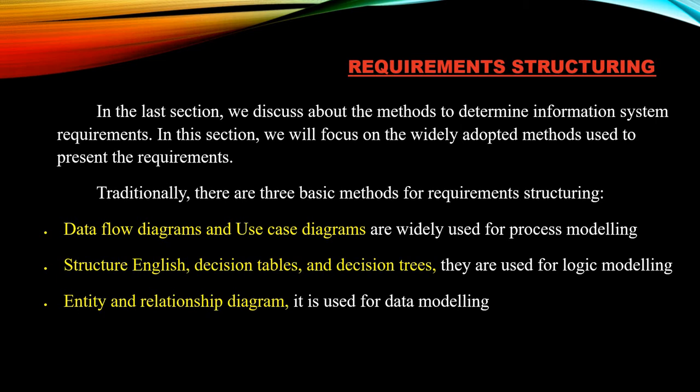Secondly, we have the logical modeling, which includes structured English, decision tables, and decision trees, and the data modeling, which comprises the entity and relationship diagram, which is also known as the ER diagram.